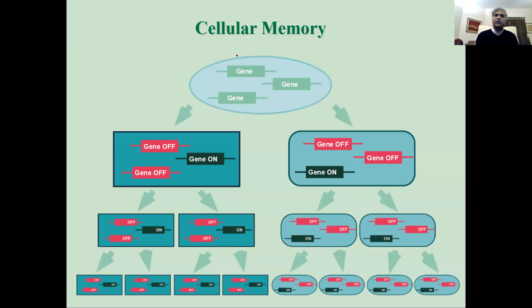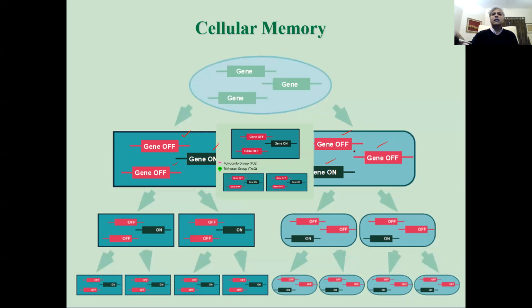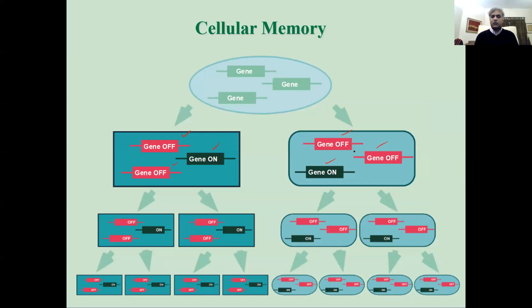So let's say you have specific homeotic genes off, and one of the key homeotic genes on in another cell lineage. These two genes are off and this one is on. Through mitosis, you can see the progenitor cells of this lineage will maintain these two in the off state and this one in the on state. And this is the function.